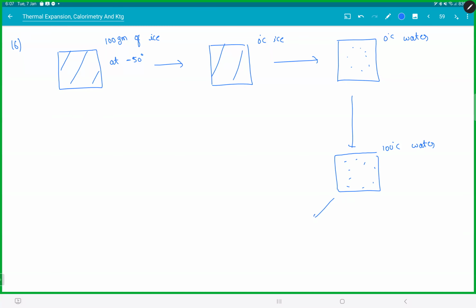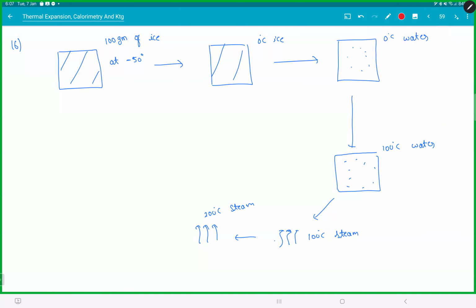Then you become 100 degree steam. Then you become 200 degree steam. So this is how you go through. You have to go step by step.